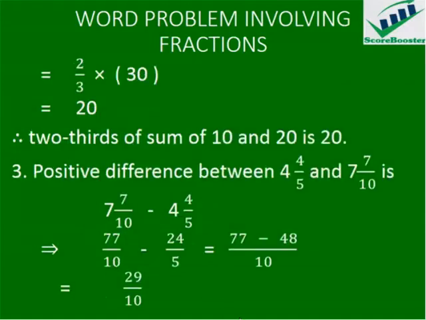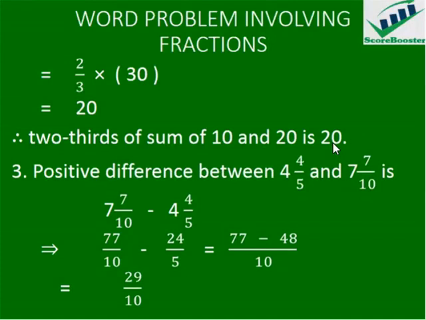So we write down, that will be equals to 2/3 multiplied by 30. So using your calculator, 2 multiplied by 30 divided by 3 will give 20. So the conclusive statement will be 2/3 of sum of 10 and 20 is 20. That's that about the second question. You can see there is no more difference between the first and the second question.